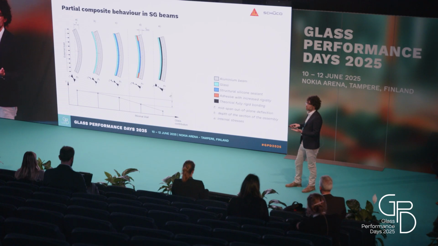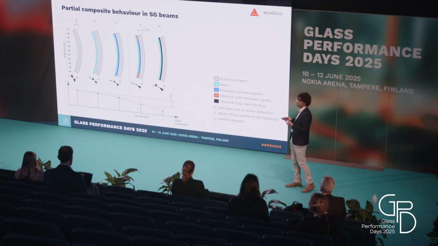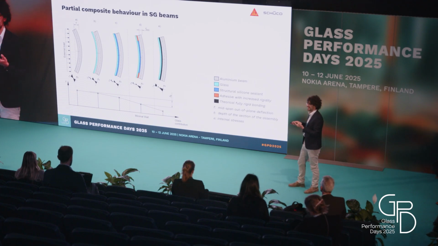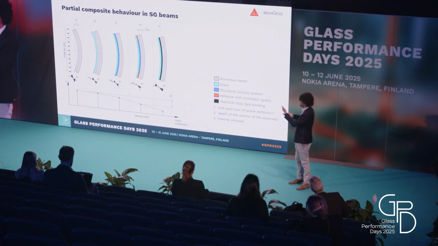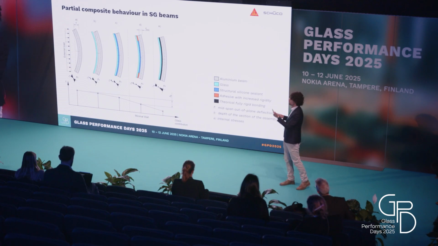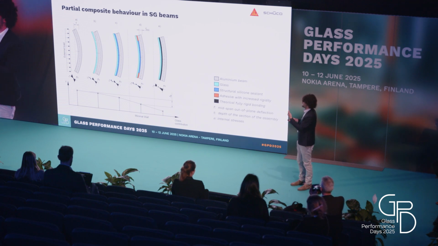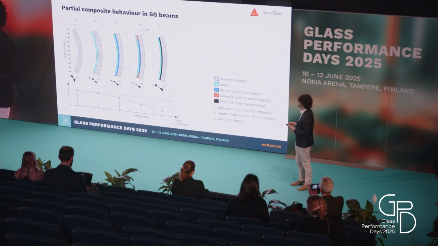We put it at the corners because that is the area where we have the highest shear transfer, so putting something more rigid there will create the biggest reduction in deflection. And here at the bottom you can see the curve, how going further we can reduce, for the same external load, the out-of-plane mid-span deflection, behaving more and more as a partial composite beam.